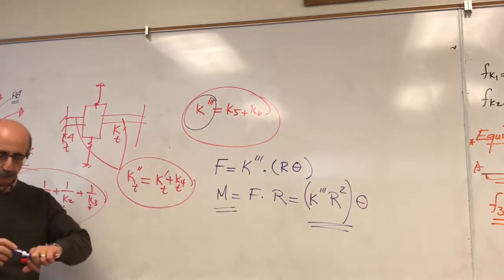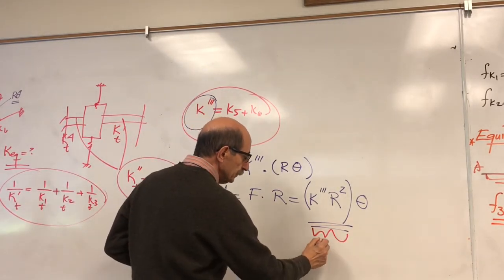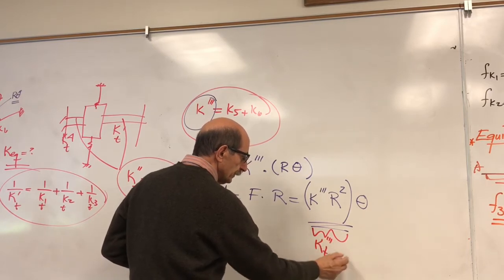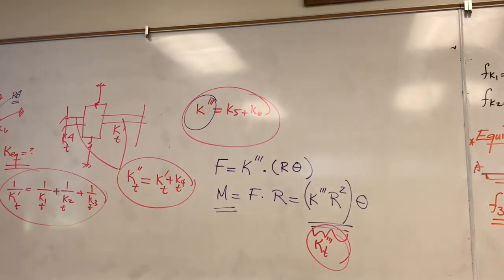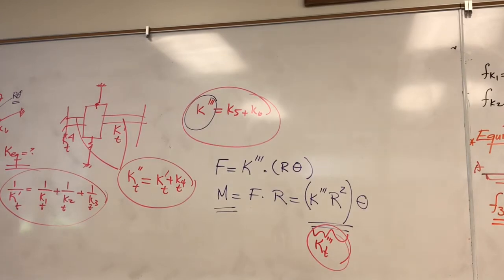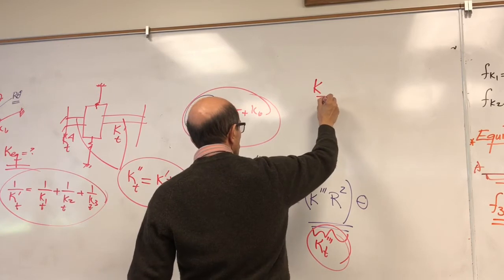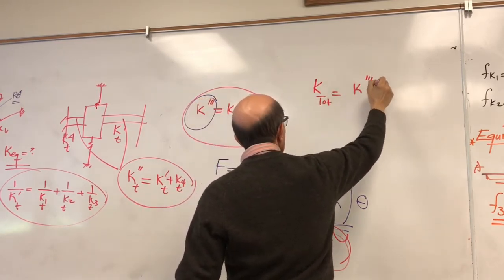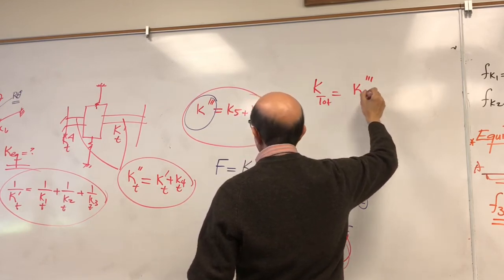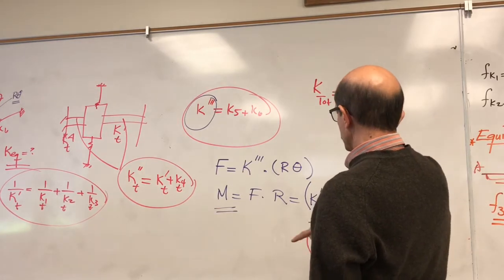Okay? So this is the corresponding torsional spring that these two springs generate, and these are in parallel with the original spring, so the total spring, as I call it, would be this K triple prime T plus, okay, what did I call that?